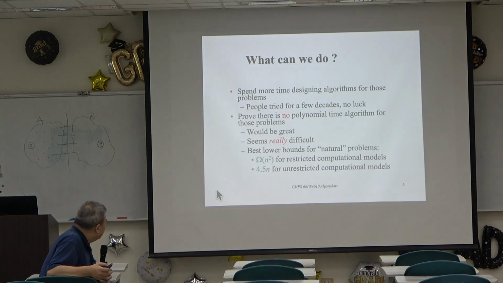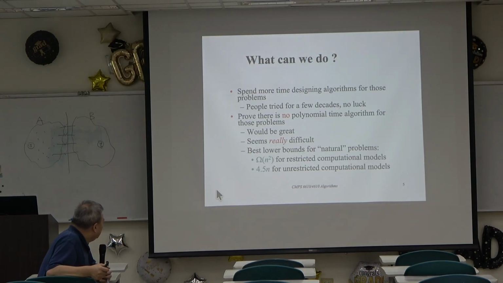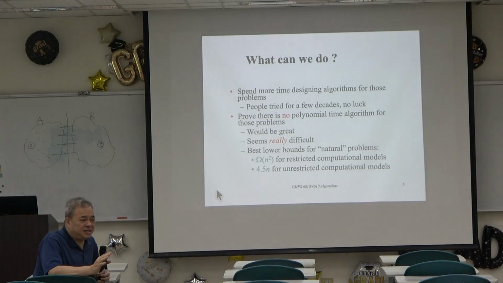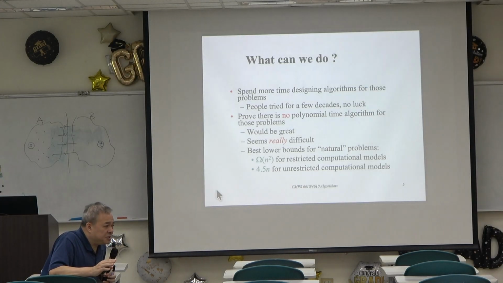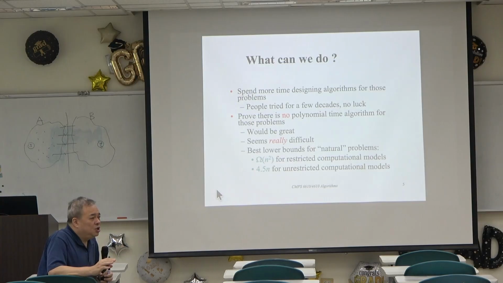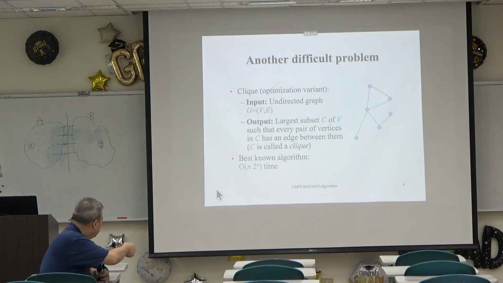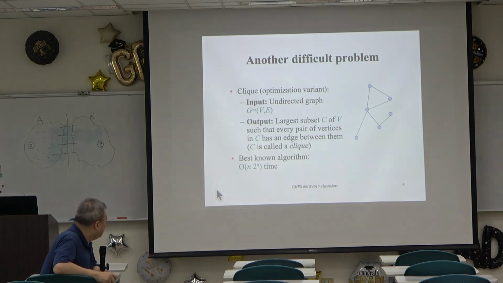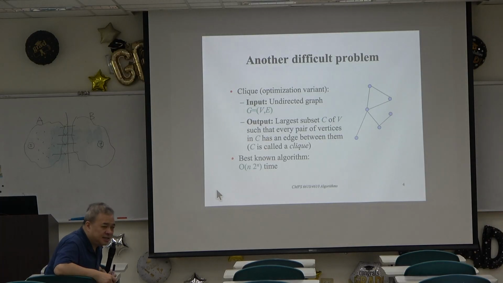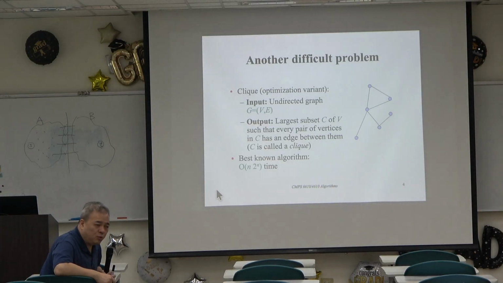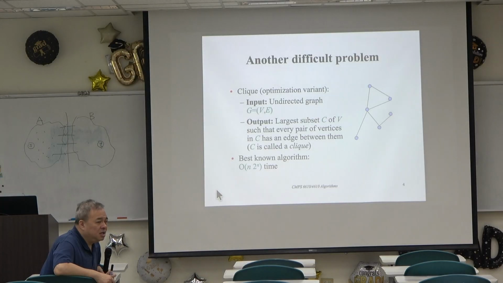So what can we do? Remember what I just said. I was saying that for these problems, so far, nobody can design a polynomial time algorithm. So take a closer look at what I say. I said the best known algorithm is like that. The best known algorithm.